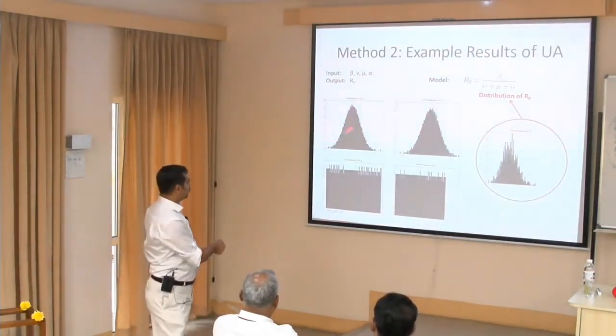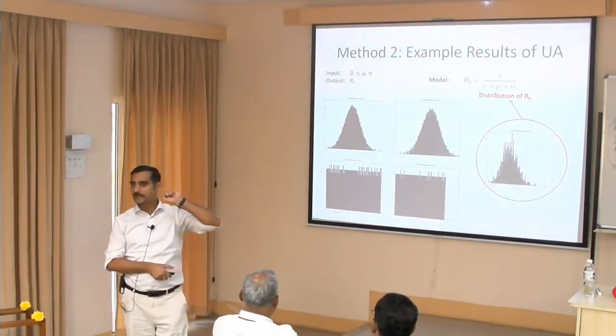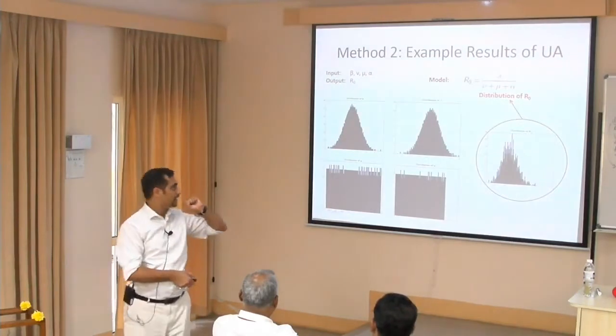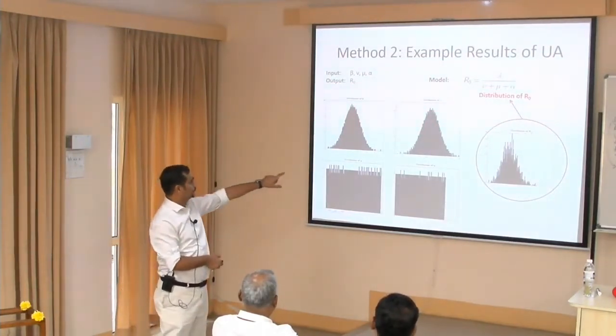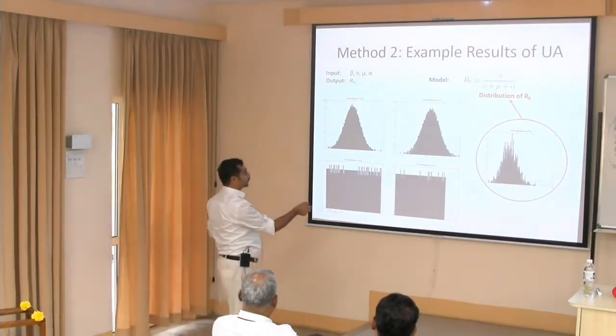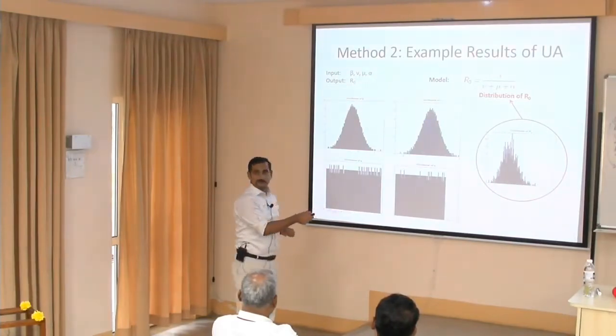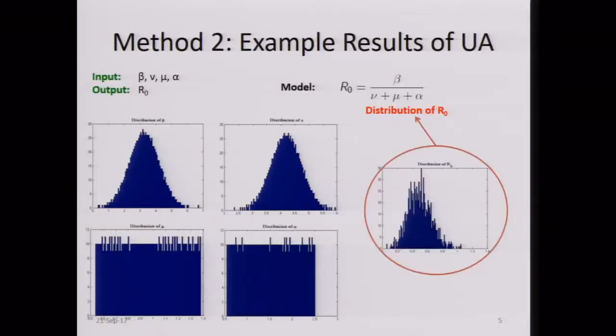So this is known to you somehow, and you sample using something called Latin hypercube sampling. In order to compute one value of R0, you need one value of beta, one value of nu, one value of mu, and one value of alpha, right?